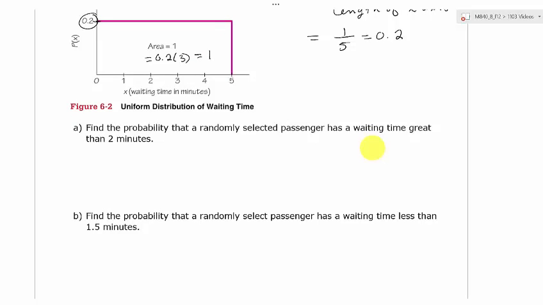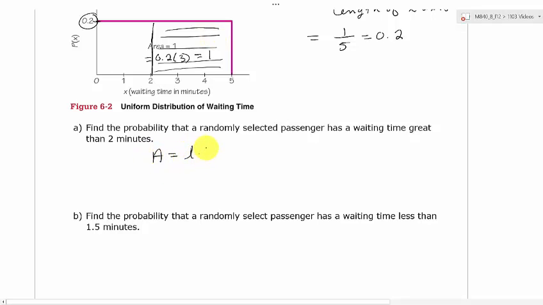The first one, find the probability that a randomly selected passenger has a waiting time greater than 2 minutes. So taking a look at our graph up here, the uniform distribution is nice and easy because the graph is just a rectangle versus it being some curve that's curvy. It's just a horizontal line, so that makes it nice. And so we want to find the area from 2 to 5 of this rectangle. So again, we're calculating the area.